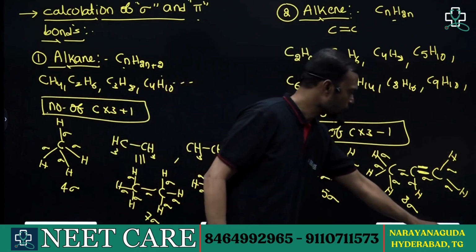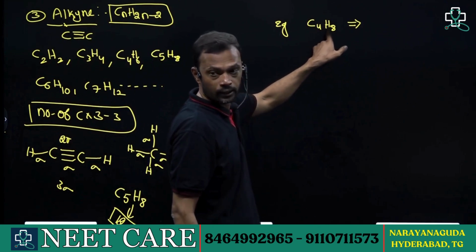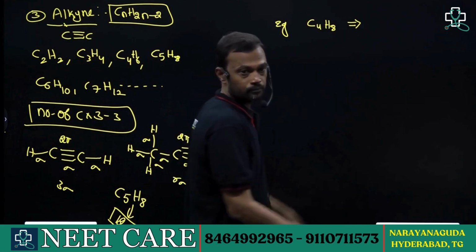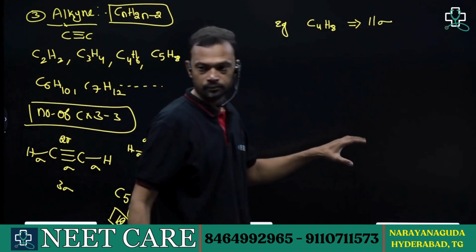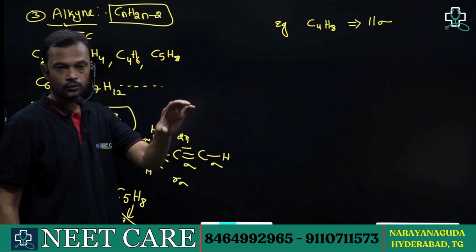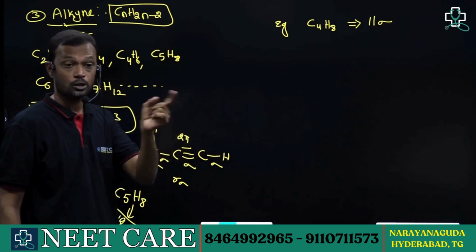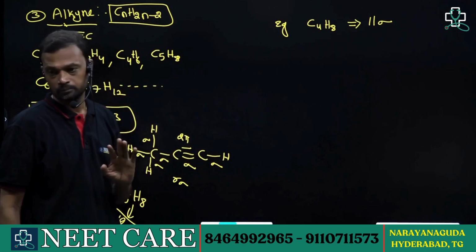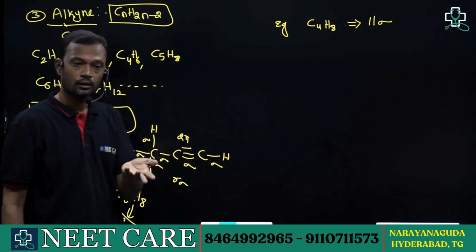So 4 into 3, 12. 12 minus 1, 11 sigma. Like that, they will give options. 4 options they will give. They may give 13 sigma, 11 sigma, 9 sigma. So alkane, alkene, alkyne will come. You need to confirm whether it is alkane, alkene or alkyne.